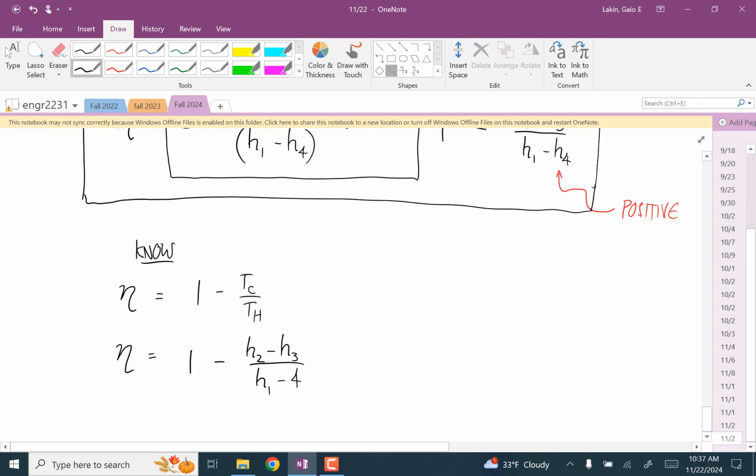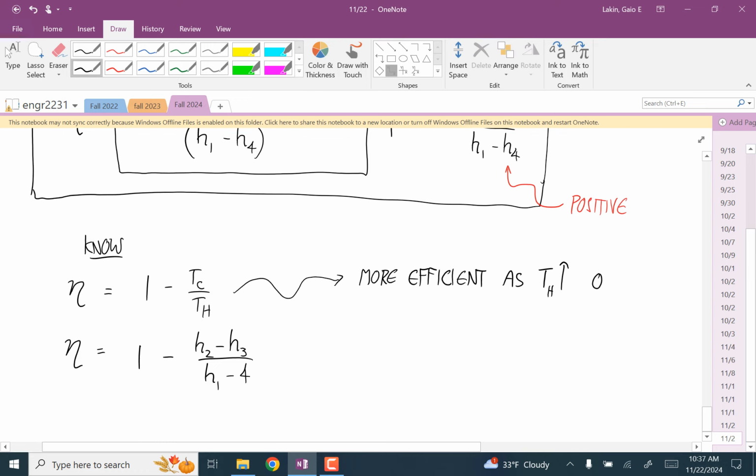So what does this tell us? This first one tells us that our power cycle is more efficient as the boiler temperature, the high temperature, goes up or the condenser temperature goes down.